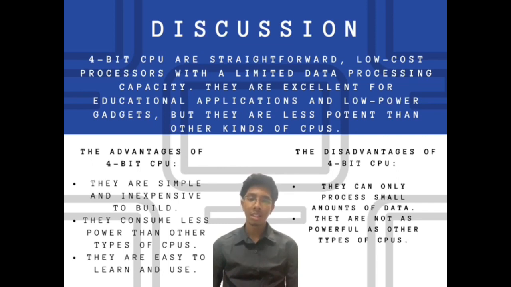The advantages of 4-bit CPUs are they are simple and inexpensive to build, they consume less power than other types of CPU, and they are easy to learn and use. For the disadvantages, they can only process a small amount of data, and they are not as powerful as the other types of CPU.